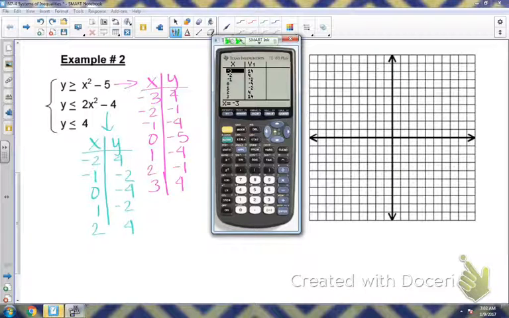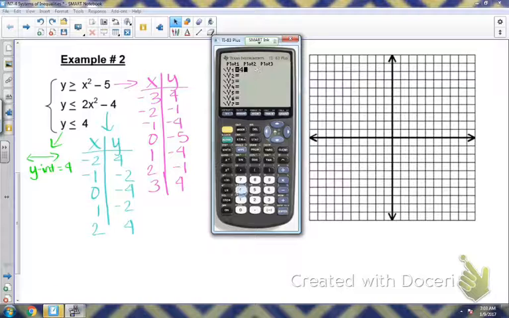If you do not have an x, that means your slope is 0, which means a horizontal line. And it crosses the y at 4. So your y-intercept would be 4. If you had plugged it into y equals, just typed in 4, and went to the table, every single y value would be 4, therefore it's a horizontal line.